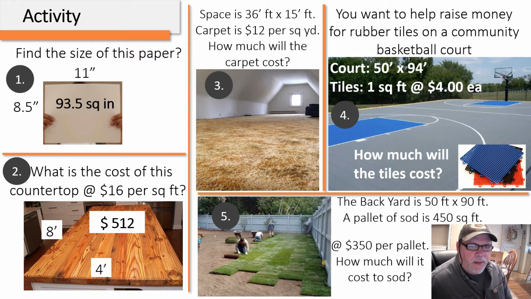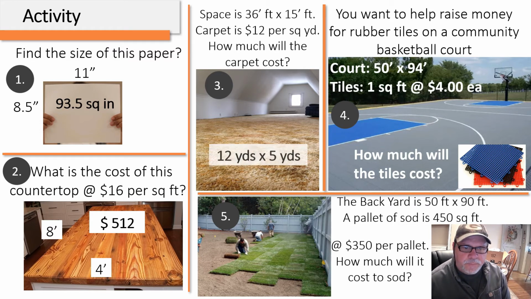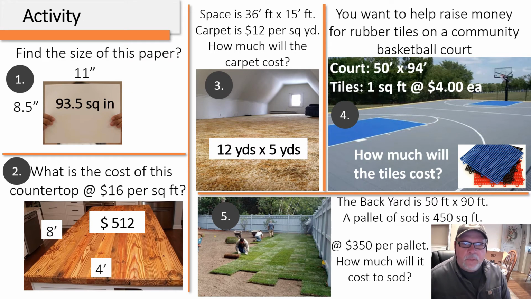All right, the space here looks like an attic, 36 feet times 15 feet. And the carpet's $12 a yard. So how much will it cost? Well, first you got to calculate the size of the attic. And you have to convert it to yards first.